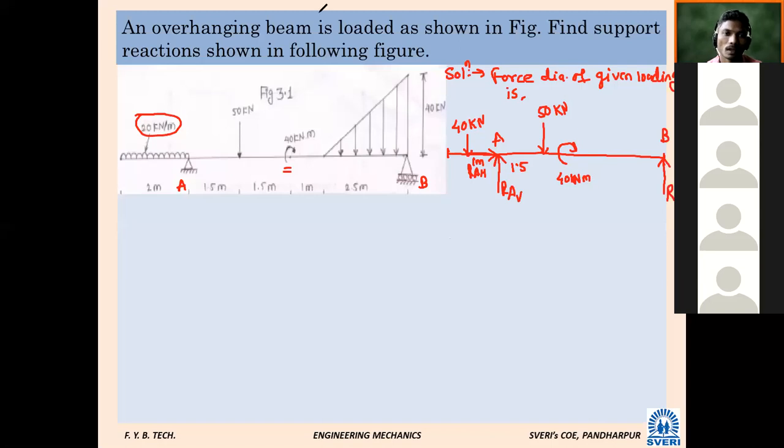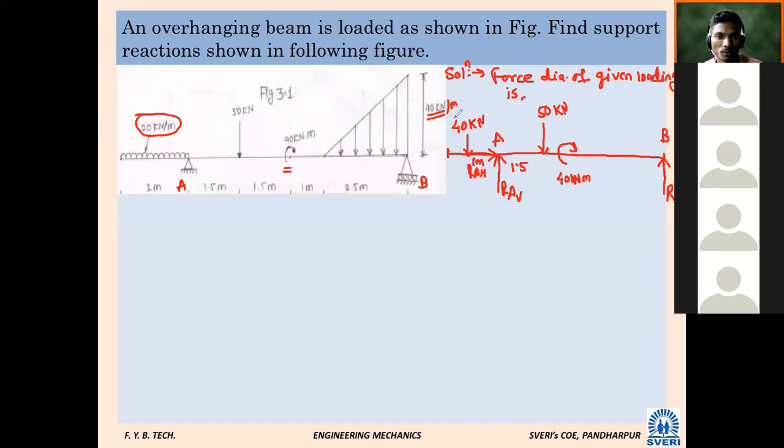area. How to calculate the intensity of this uniformly varying load? What is the height? Meanwhile, what is the height? 40. The highest point is 40. Actually, it should be kilonewton per meter.